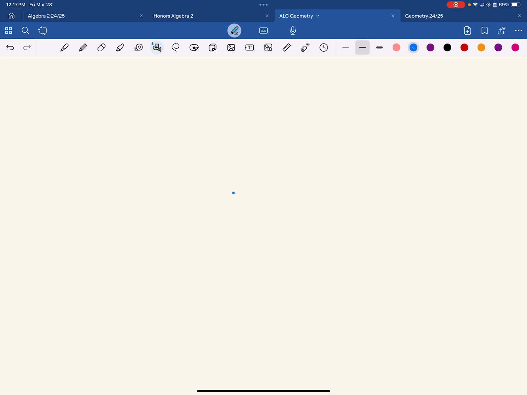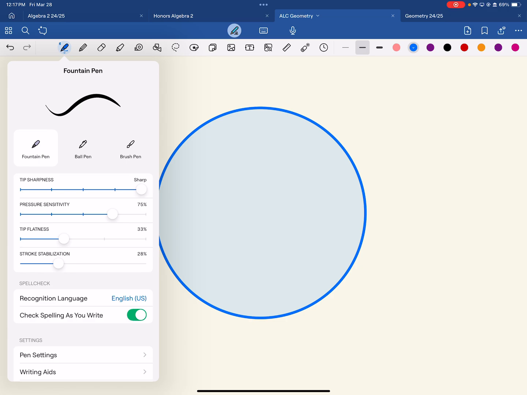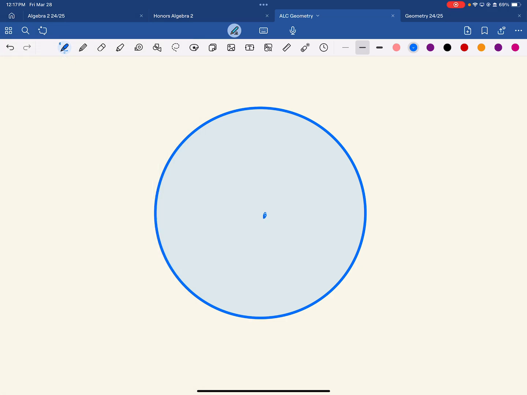Okay, so now the only thing we can do is throw other things in there. We can start to throw variables in there. So we've got our circle. We're going to give our center of our circle. I'm going to put this and this, and I'm going to say that this angle right there is 90 degrees.